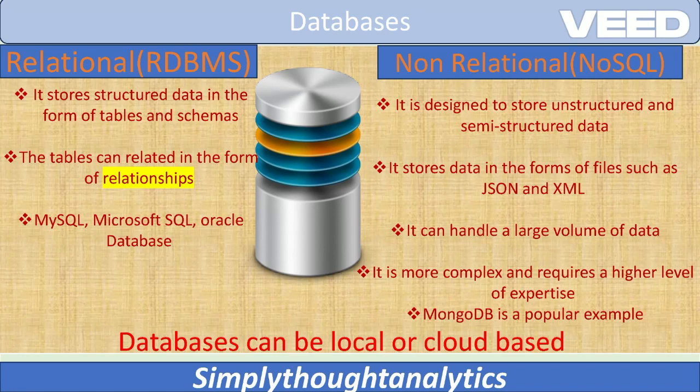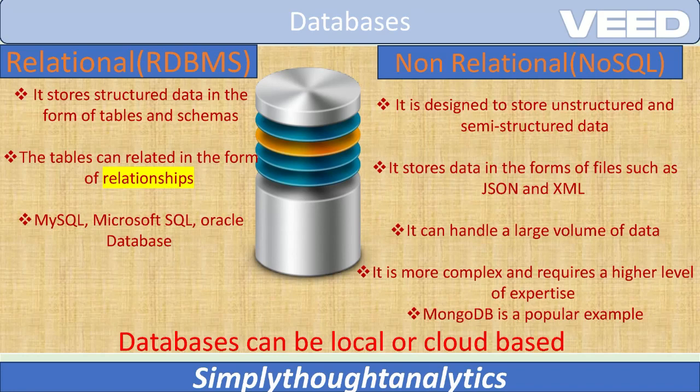So it can be classified into two groups. We have what is called the relational database and what we call the non-relational database. It's simple. Relational database is for storing structured data, and every one of us knows what structured data is by now. Non-relational databases, we also call them NoSQL.